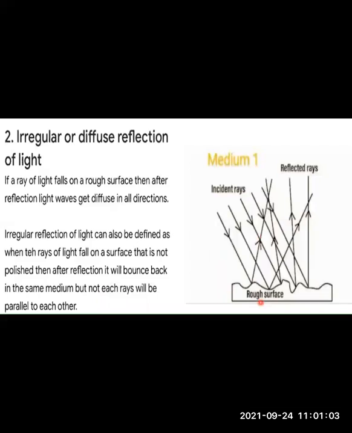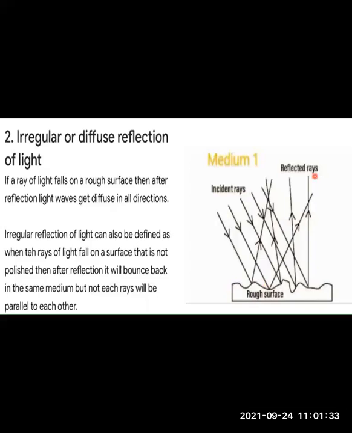Look at the surface. The surface is rough. So whenever rays are incident on such a surface, these rays are inclined at the same angle. If you have all observed, they all are parallel. But the moment a ray of light hits the surface, after reflection its angle changes.